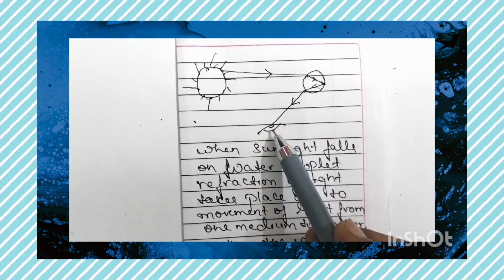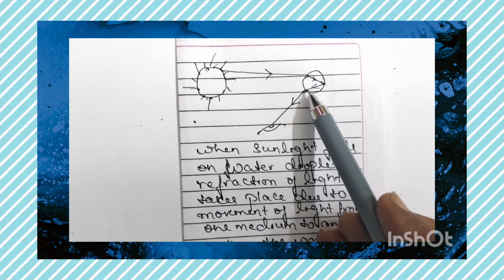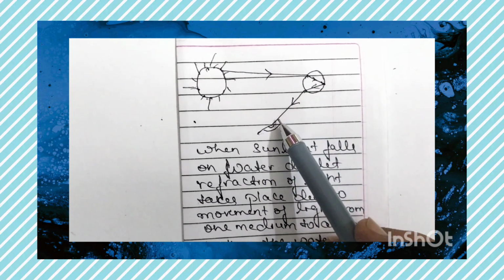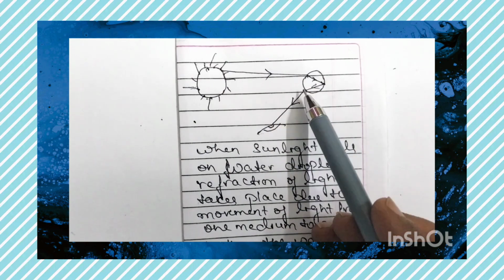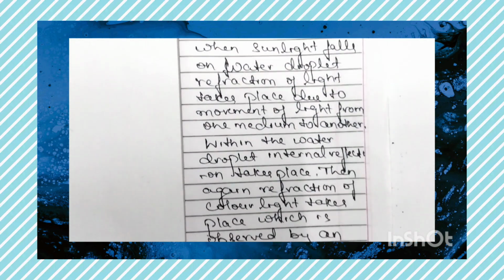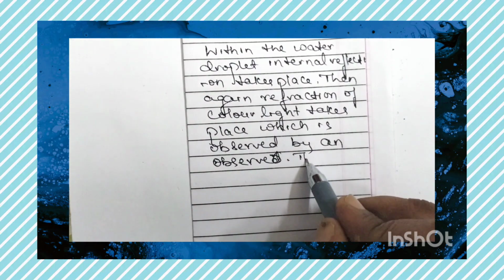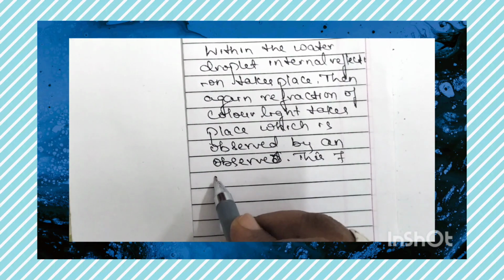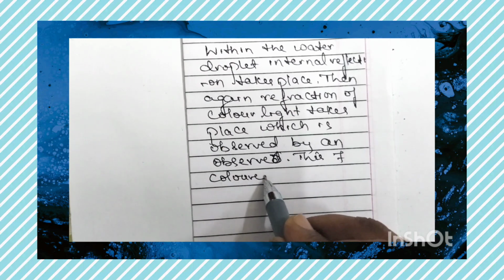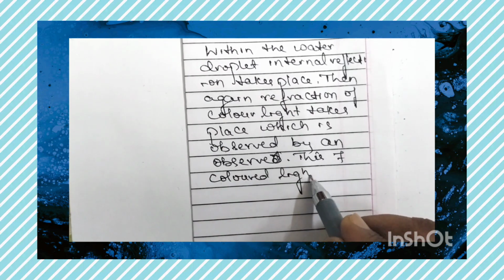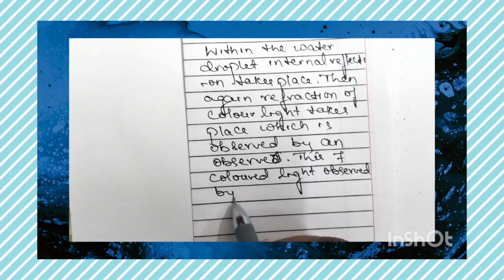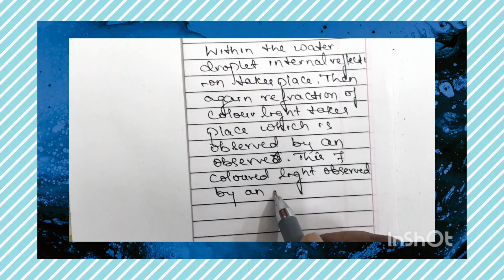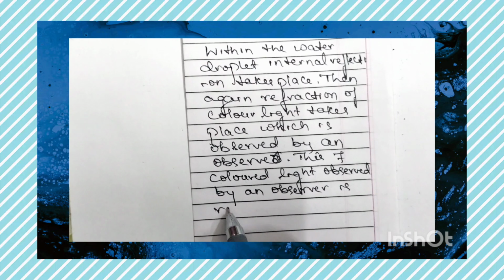So the eye of the observer is observing. ನಾನು ಸುಮ್ಮನೆ ಇಲ್ಲಿ ಒಂದು ಕಲರ್ ಲೈಟ್ ಮಾತ್ರ ತೋರಿಸಿದ್ದೀನಿ. Like this 7 color light will be observed by the observer, and this 7 color light observed by an observer is rainbow.